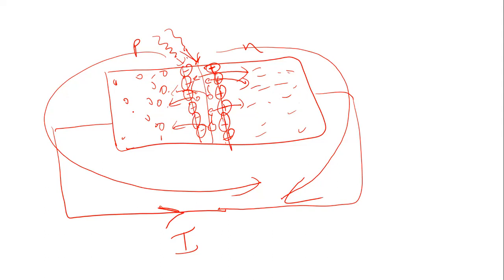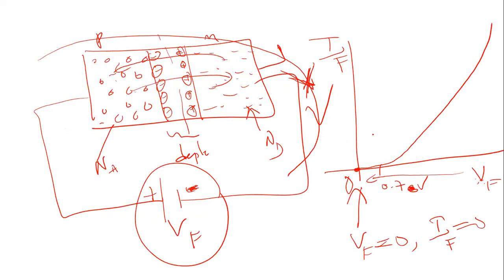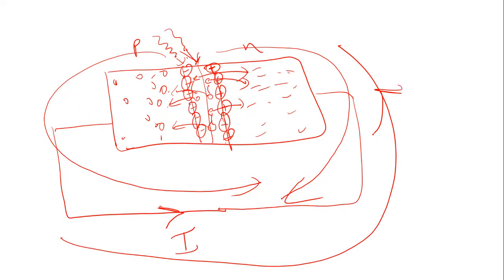If you connect the circuit externally using a wire, the actual current flow is in the anti-clockwise direction, opposite to the forward current. So without any biasing voltage, you will now be able to get current from the p-n junction.